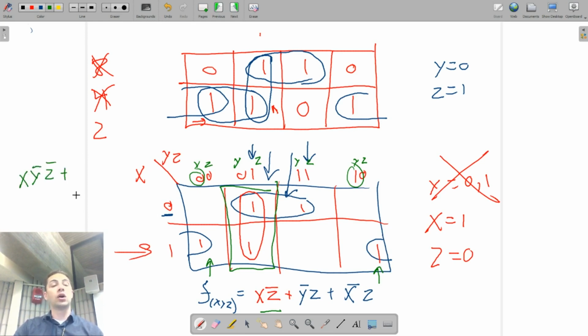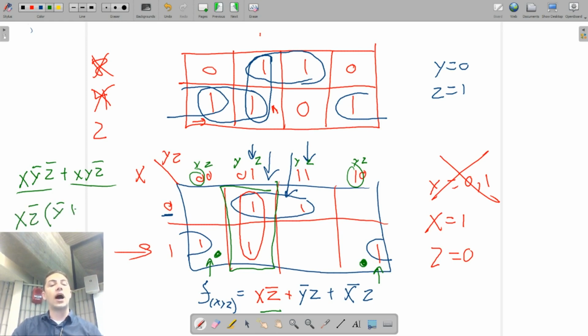Now, algebraically, what we did here was we had two terms. We had X, Y bar, Z bar, or X, Y, Z bar. Those two terms algebraically combined to form the term X, Z bar. You can follow it through. You can look at this minterm and this minterm, and you will see that they do in fact come out to those two minterms.